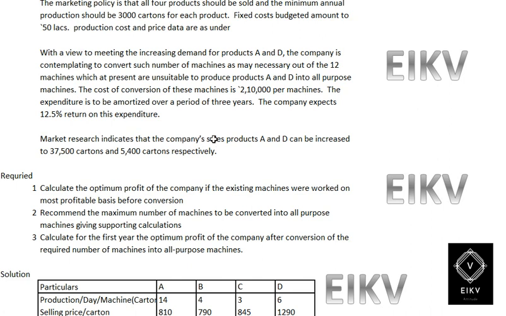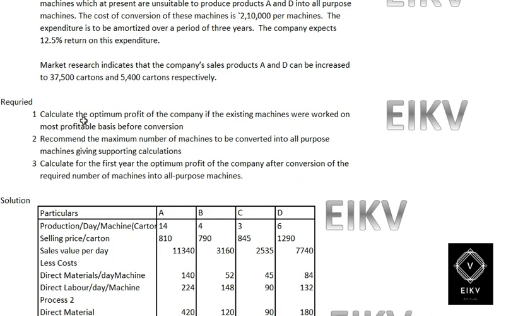Market research indicates that the company's sales of products A and D can be increased to 37,500 cartons and 5,400 cartons respectively. Required: 1. Calculate the optimum profit of the company if the existing machines were worked on the most profitable basis before conversion. 2.